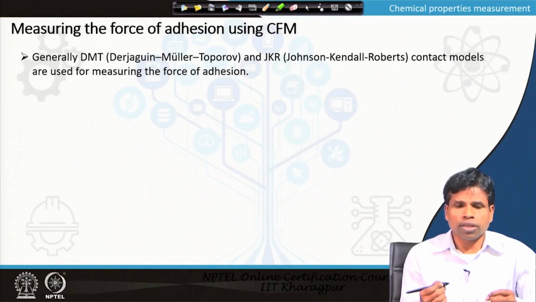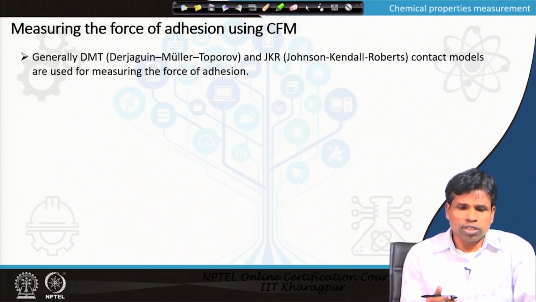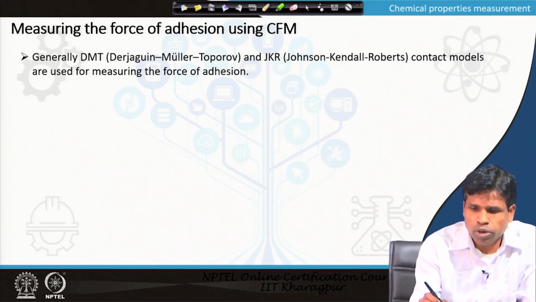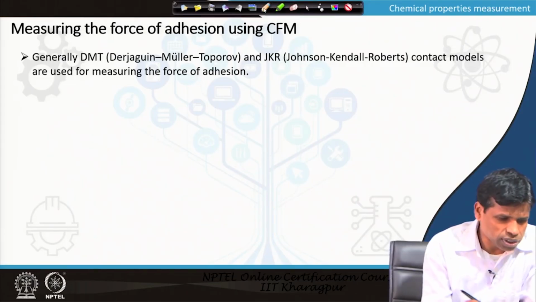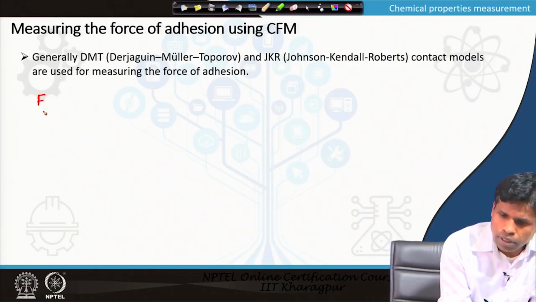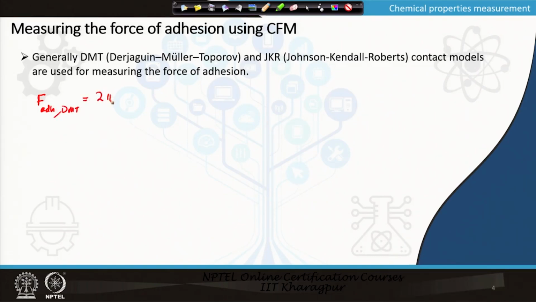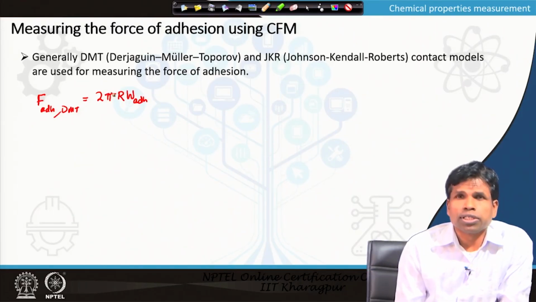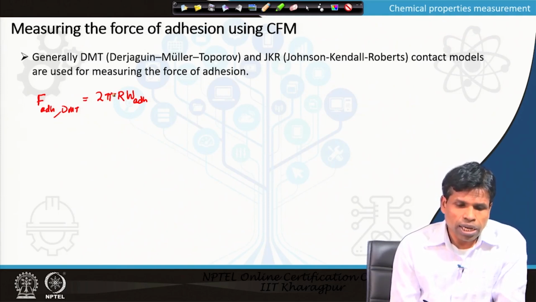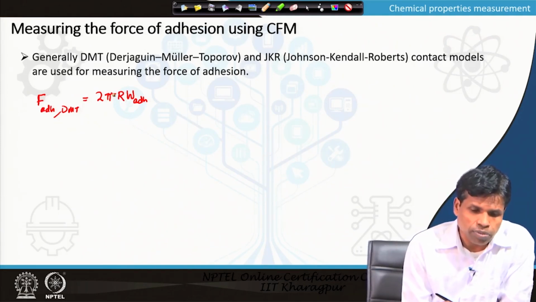Taking those things into account, the DMT model provides an equation. In simplified form we can write it as F adhesion DMT equals 2 pi R W adhesion. Here R is the radius of the tip, W is the work of adhesion, and by measuring the work of adhesion we can measure the force of adhesion.